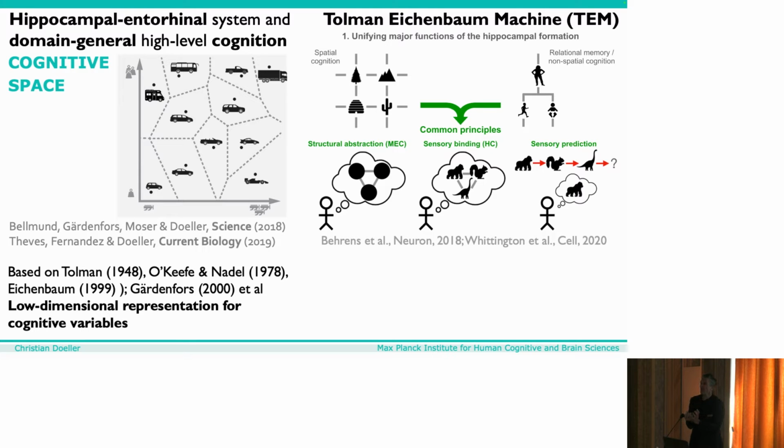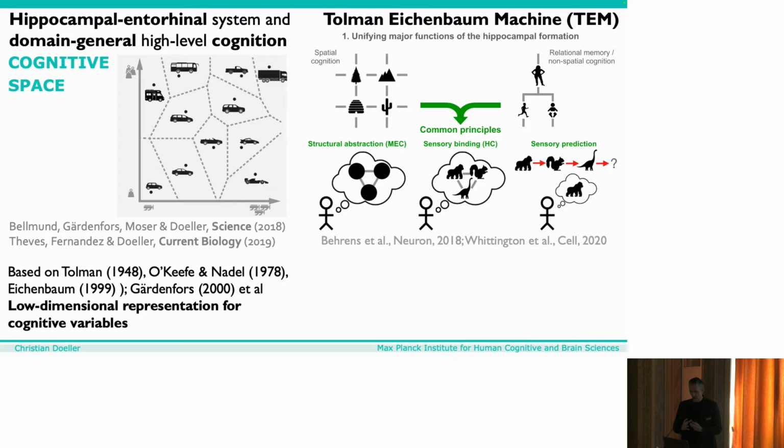Then, of course, you have the fast binding system, the hippocampal system with the place cells, which provide a representation of unique experiences. And the hippocampal system is responsible to bind specific sensory experiences, which again come from lateral entorhinal regions, into the system to these structural representations in the entorhinal system.